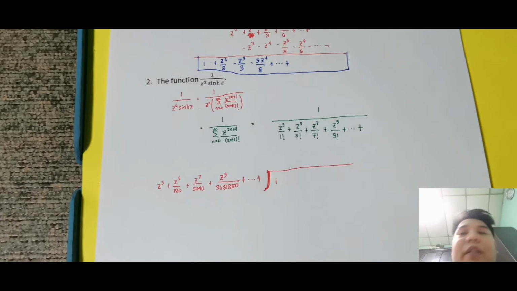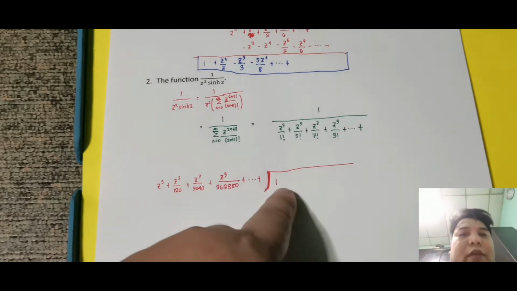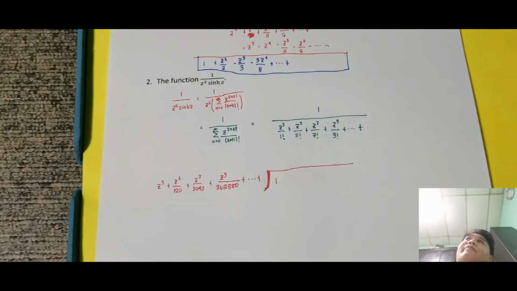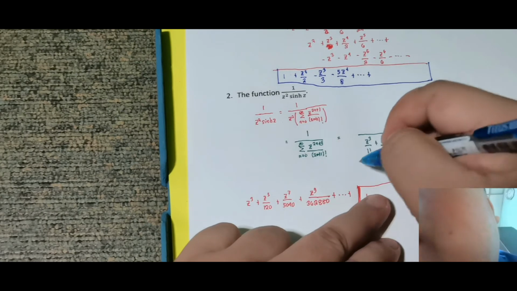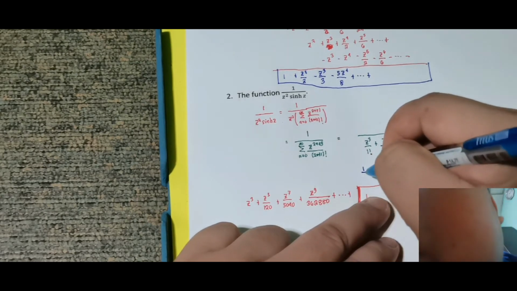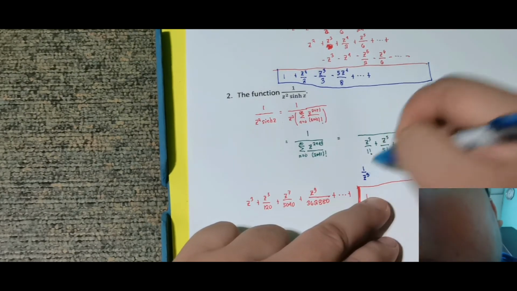So 1 divided by z cube, tama, no? Ay hindi 1, sorry, 1 divided by z cube is just 1 over z cube. So lagay ko dito 1 divided by z cube is just 1 over z cube.